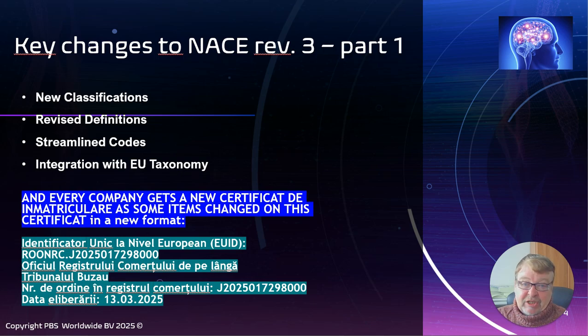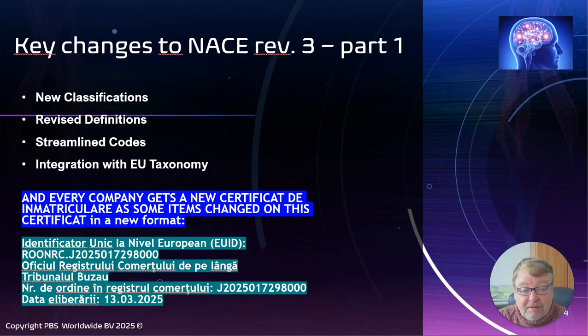What are the key changes in Revision 3? Well, new classifications, revised definitions, streamlined codes, integration with the EU taxonomy, and every company gets a new certificate of immatriculare as some items changed on this certificate in a new format.